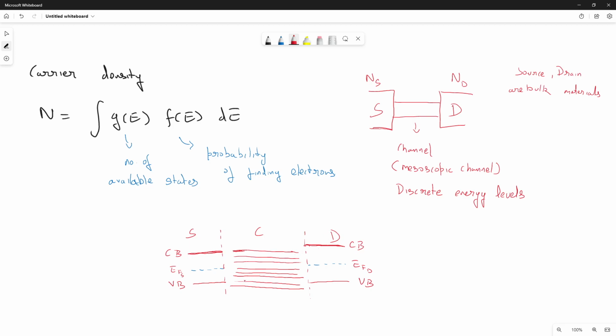It can go as high as possible. However, very high energy levels are not relevant to us. So, what are these things? These things are discrete energy levels. Now, tell me what will dictate the energy levels over here? How do I know how many energy levels exist over here?